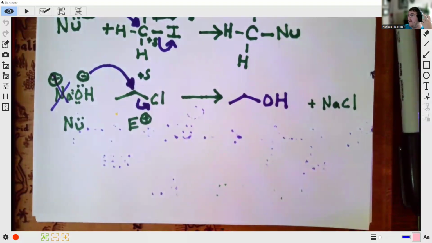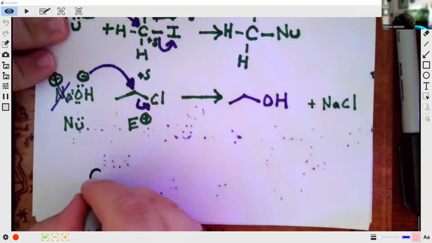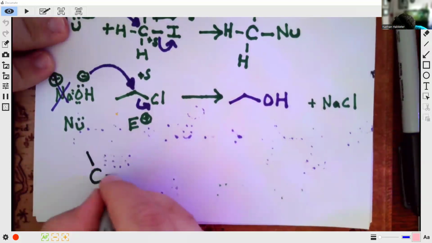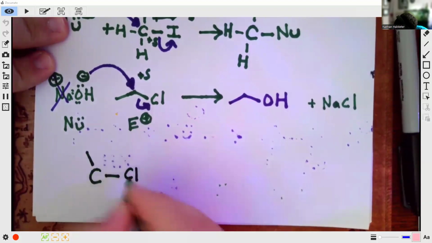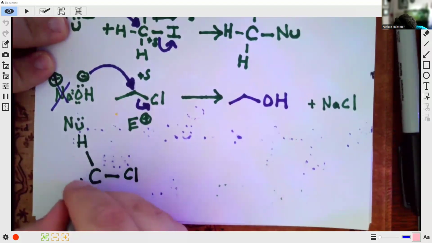We had a question like that on our first exam. So let's look at what our transition state looks like for this reaction. So if we have a carbon, remember carbons are tetrahedral, they're sp3 hybridized.